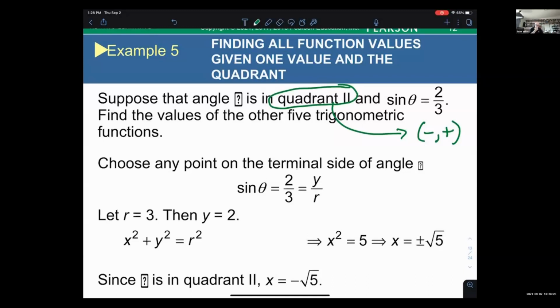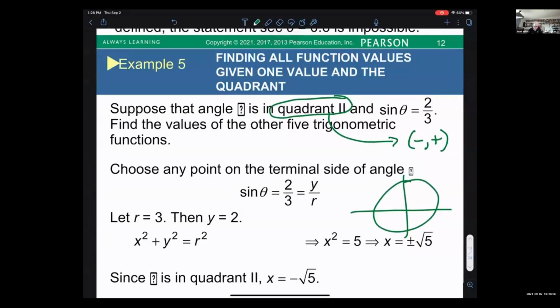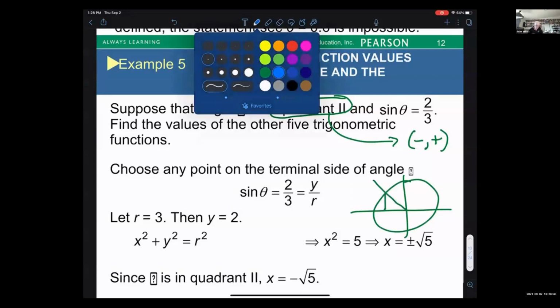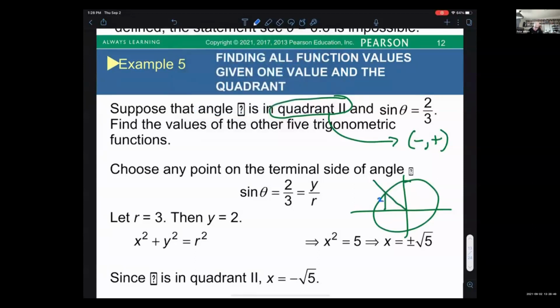So starting with trying to figure out the cosine, we could imagine that we have some point in quadrant 2 on the unit circle where the y value is 2/3. So if I draw some point here, and I just imagine that the y value is 2/3, that means that the height of this side of this triangle is 2/3.